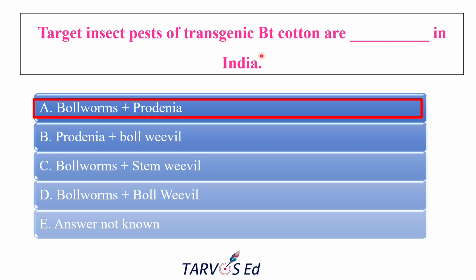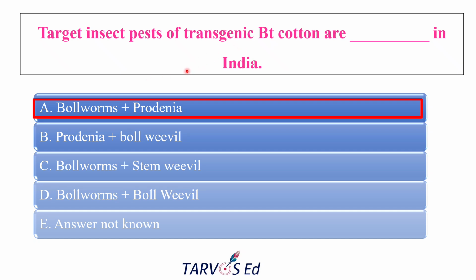The main target pests are the bollworms, right? That is the American bollworm, Helicoverpa armigera, the pink bollworm, Pectinophora gossypiella, the spotted bollworm, Earias vittella, and the spiny bollworm, Earias insulana. And Prodenia means Spodoptera litura, also called tobacco caterpillar or common cutworm.